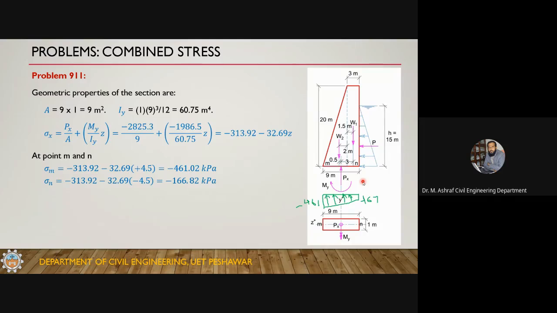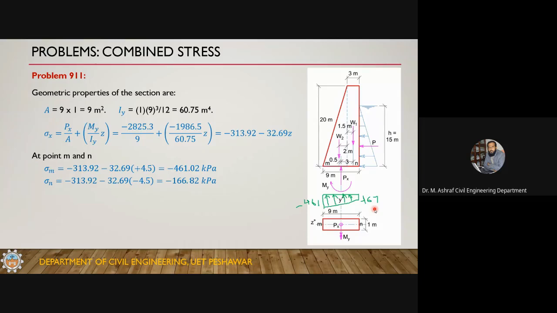At the contact, there couldn't be any tensile stresses. So what will happen? It will lift, and when it lifts, there will be seepage of water, which will cause underground tunneling, and which will result in complete failure of this dam. So tension is not desirable, and we'll talk about the non-desirable nature of this tension in the coming lecture.